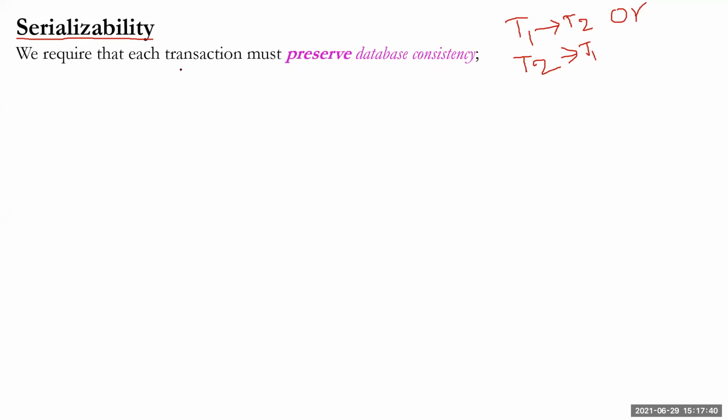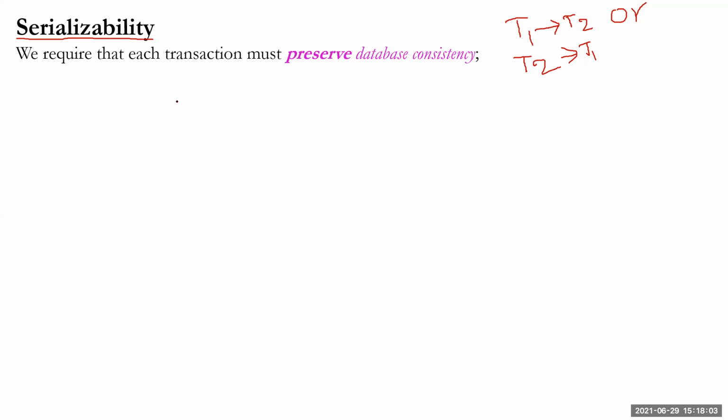Consistency: moving from one consistent state to another consistent state. Durability. Isolation: the entire transaction is executed properly and no other transaction is interleaved. So everything is taken into consideration when serializability takes place.